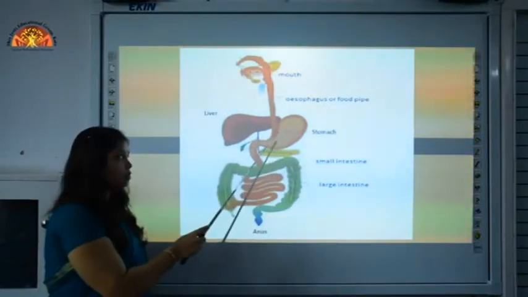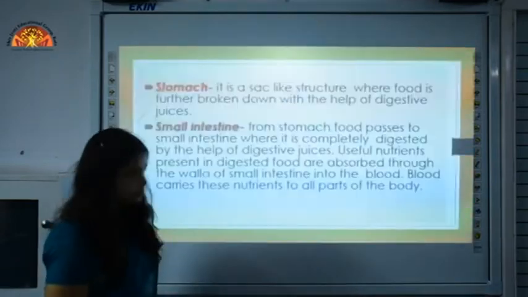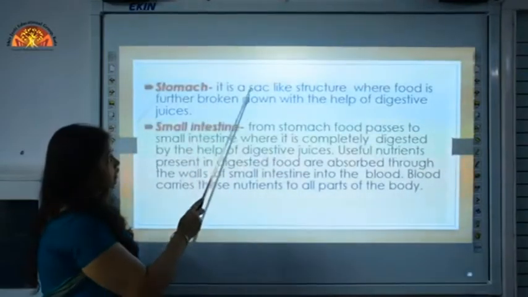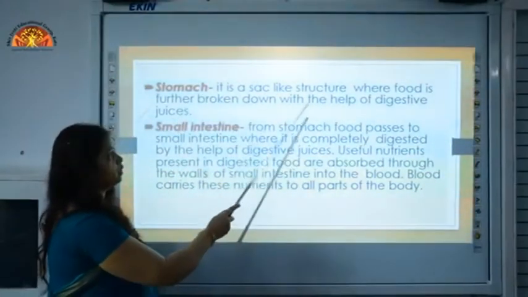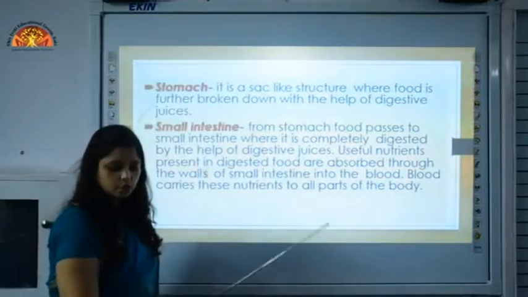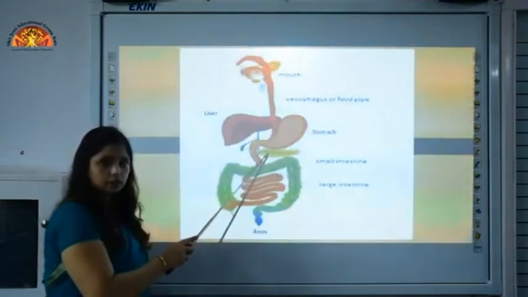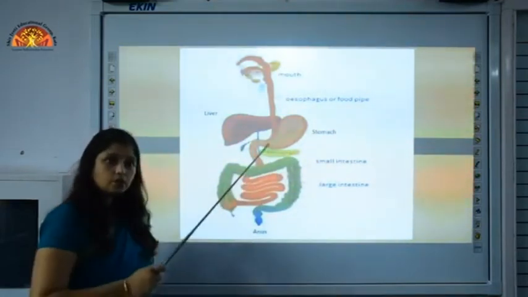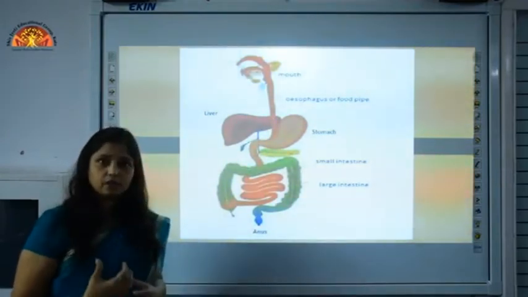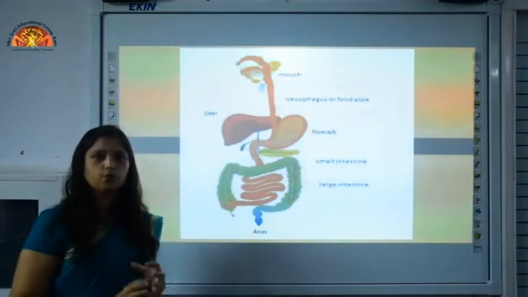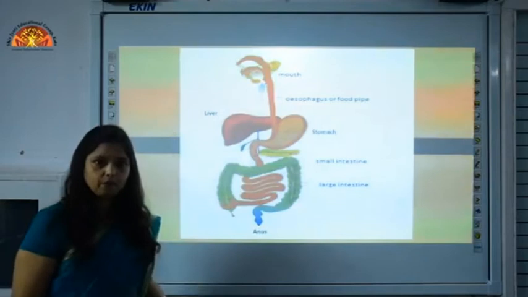Now when this food reaches the stomach, it is a sac-like structure where food is further broken down with the help of digestive juices. Again we come to the diagram. In the stomach, a bag-like structure, food is again churned and ground, and different types of digestive juices are produced where food is broken down again, and it is simplified.